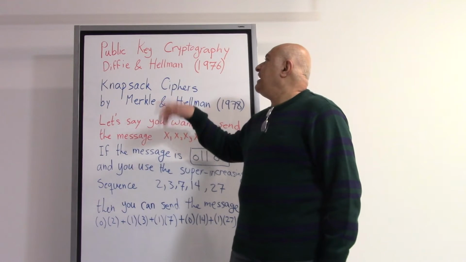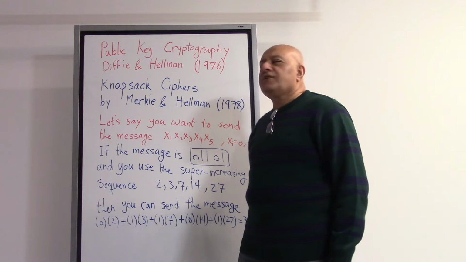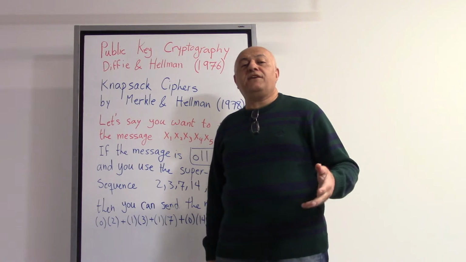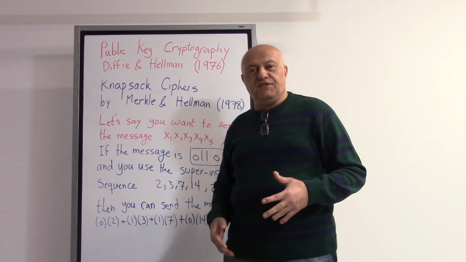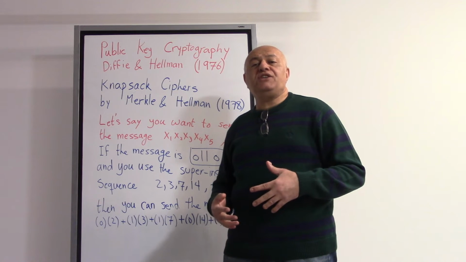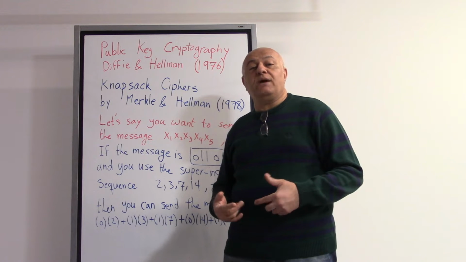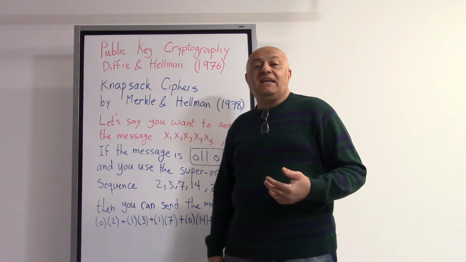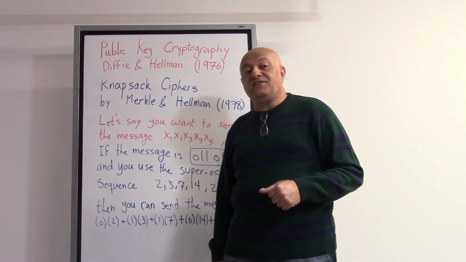Because of that, in 1976, Diffie and Hellman suggested a system which is called public key cryptography. In public key cryptography, there are two different keys. There is one key which is private, that only the person who wants to decipher the message must have.